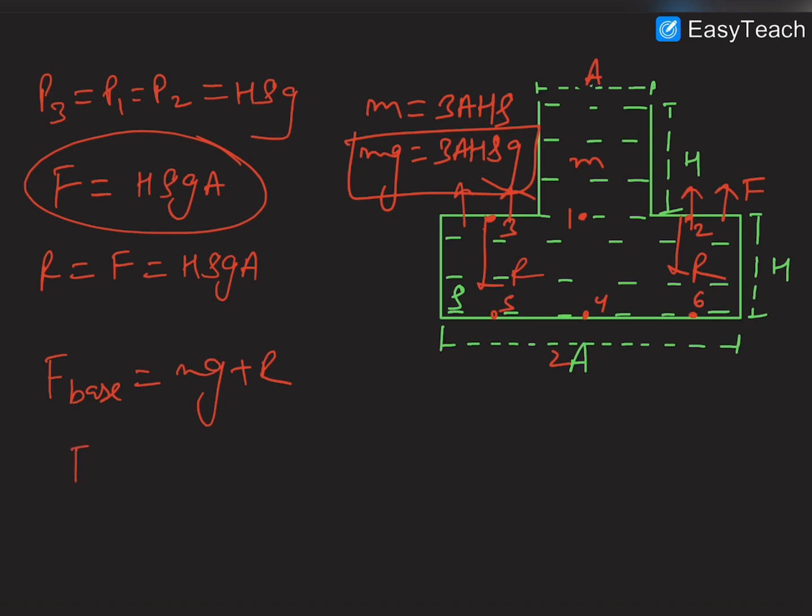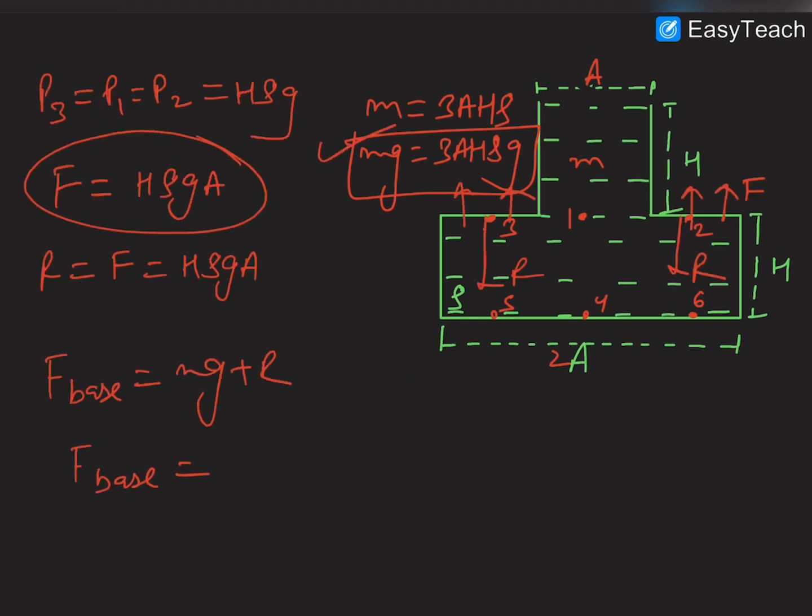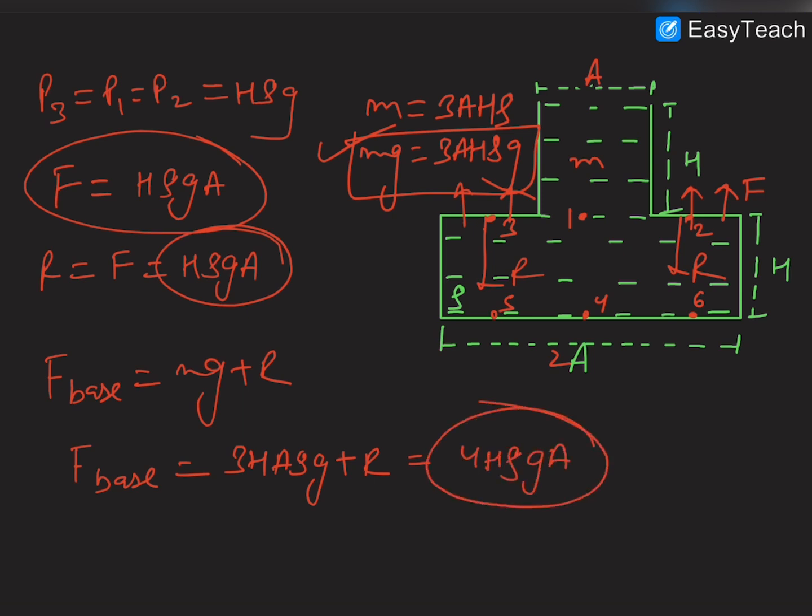So the force acting on the base will be equal to mg, which we have already written as 3hA rho g, plus this reaction R, which is h rho g A, so it is 4h rho g A. Therefore the force acting on the base of the container is greater than mg.